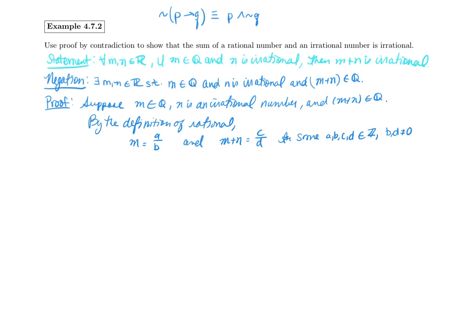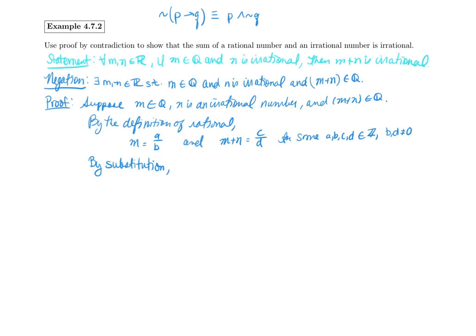So now, by substitution, let's see what happens. Before we get into the substitution, let's think what it might be. We have used that m is rational. We have used that m plus n is rational, but we have not used that n is an irrational number.